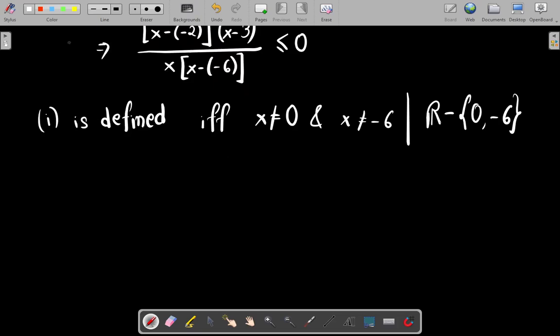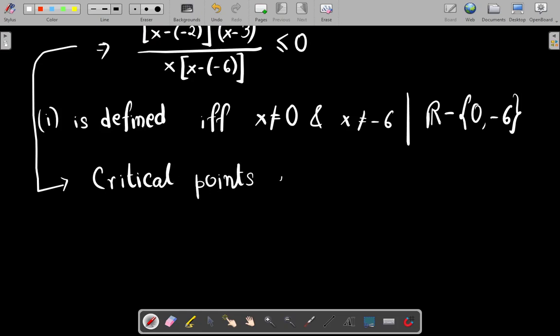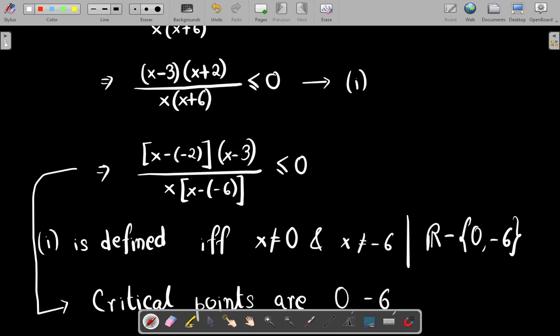So we see the critical points that we need to observe carefully. The denominator cannot be 0, so minus 6 and 0 are critical points. The numerator becomes 0 when either of these factors is equal to 0.